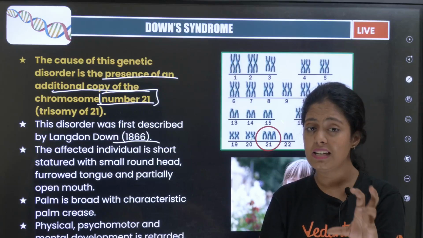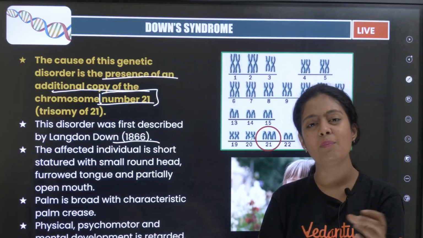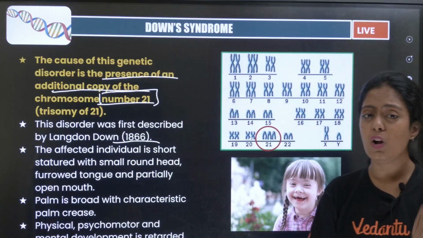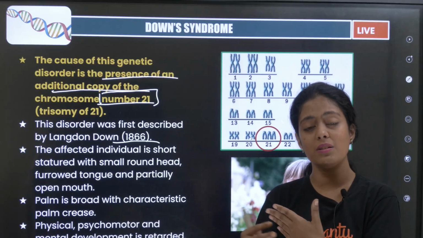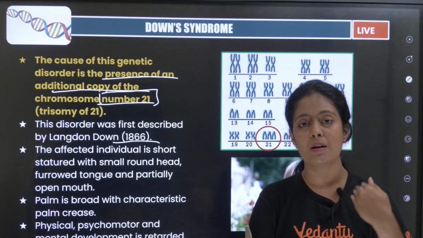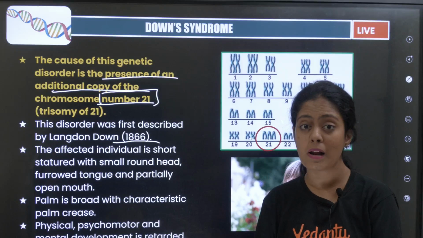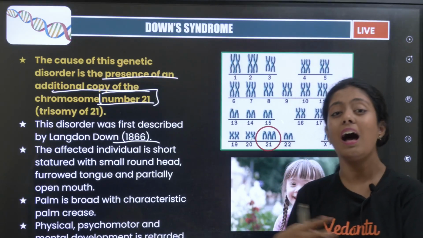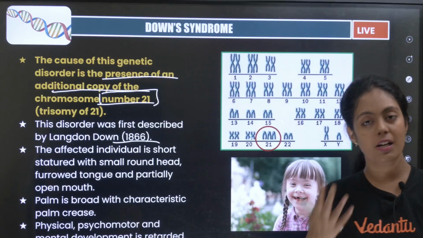So if she gets pregnant by that time, some segregation failure happens, and this can happen. It's very common in children born to mothers above the age of 35. So it's not that children born to younger mothers will never have Down syndrome. The chances are higher when it comes to older women.